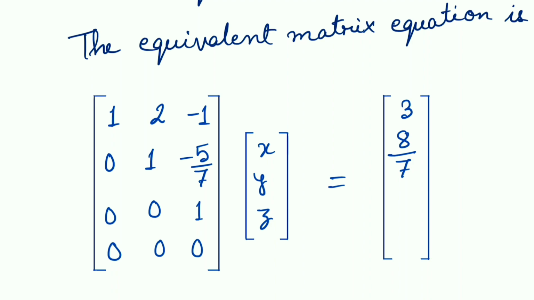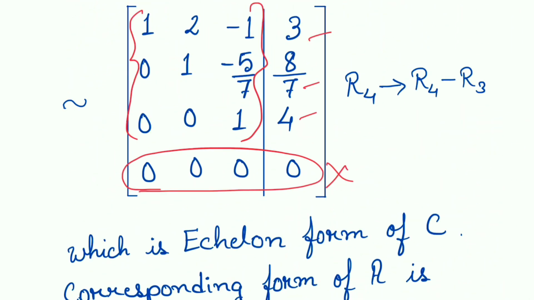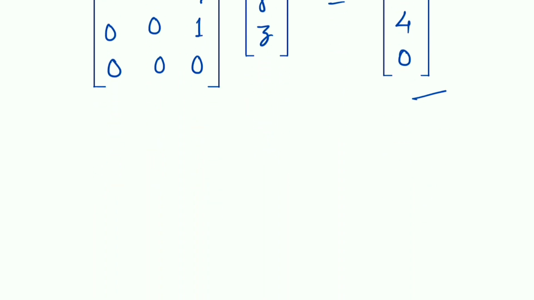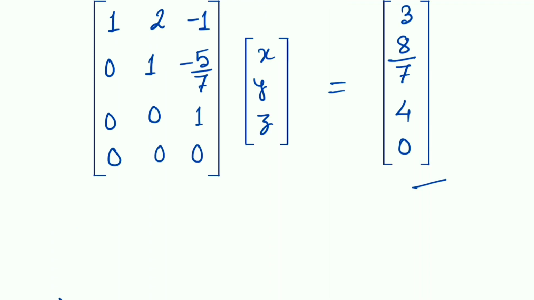The variables were x, y, z, and the resultant matrix was 3, 8 by 7, 4, 0. Okay, this is the resultant matrix. Now we will solve this equivalent matrix and then we will find the solutions of x, y and z.